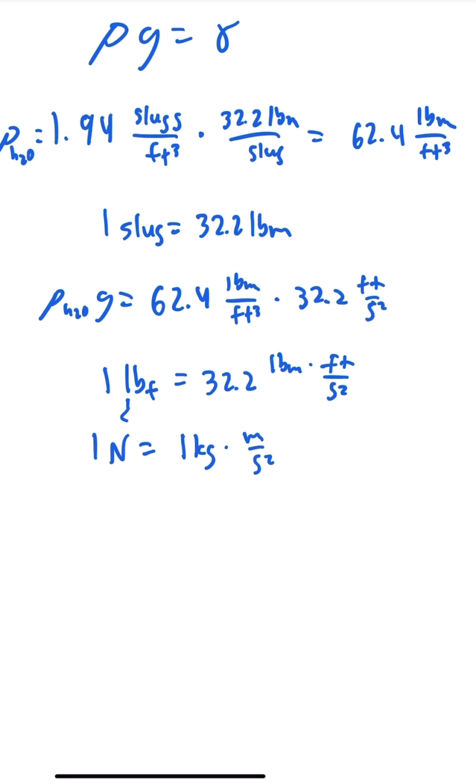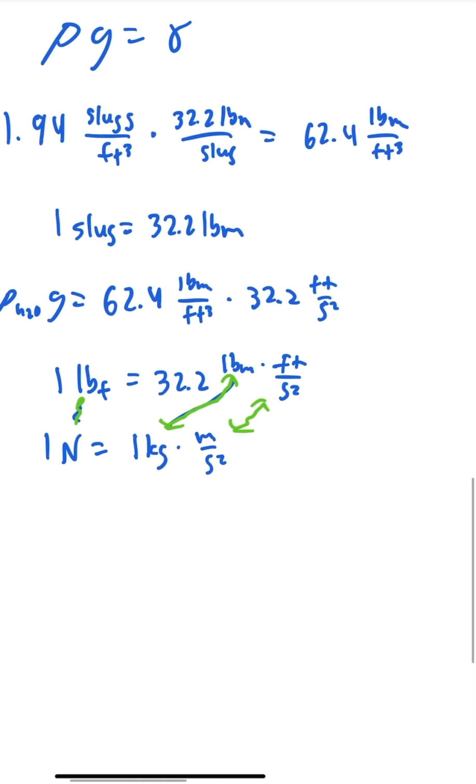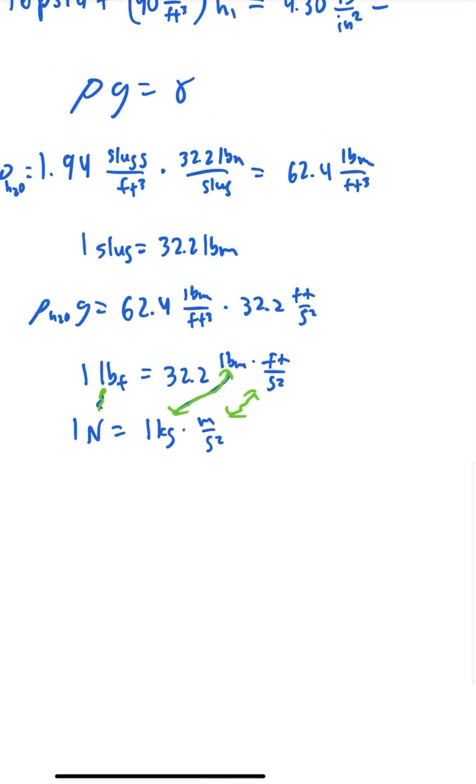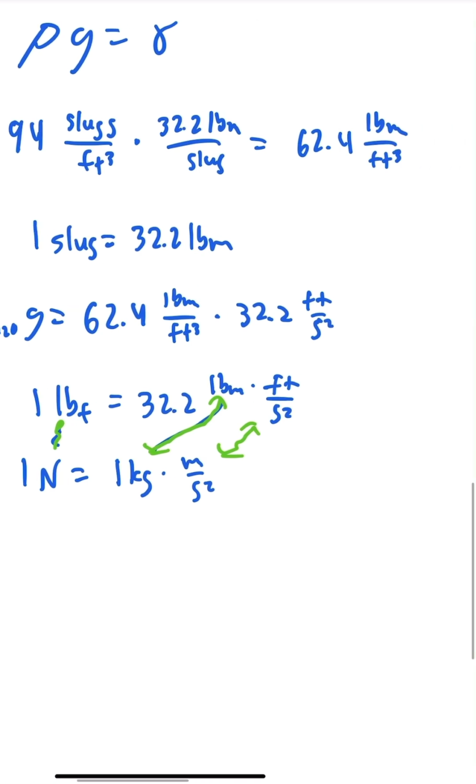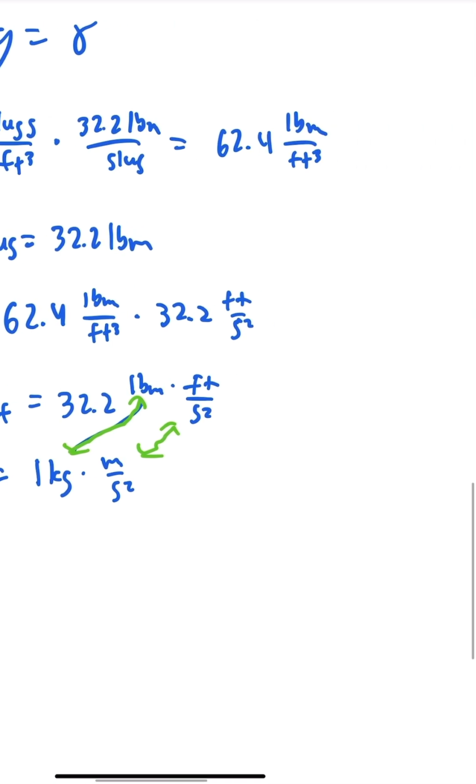It's a mass times an acceleration. Going back to our density times gravity, we have 62.4 pound mass per feet cubed times 32.2 feet per second squared.